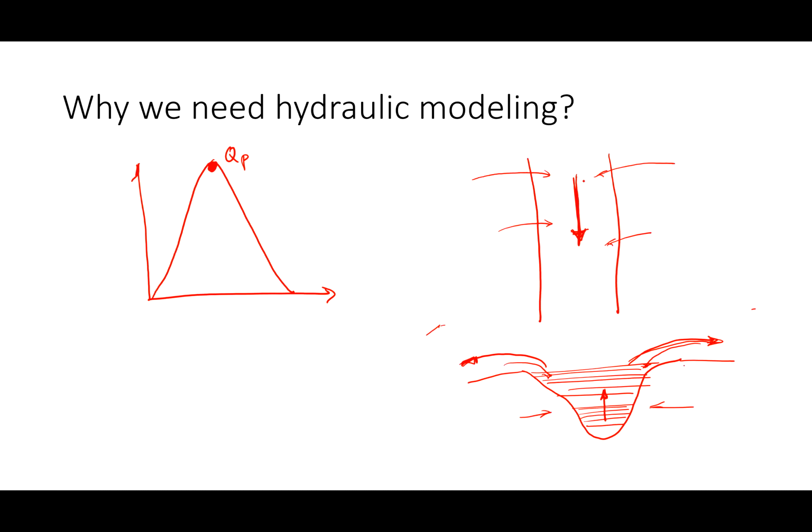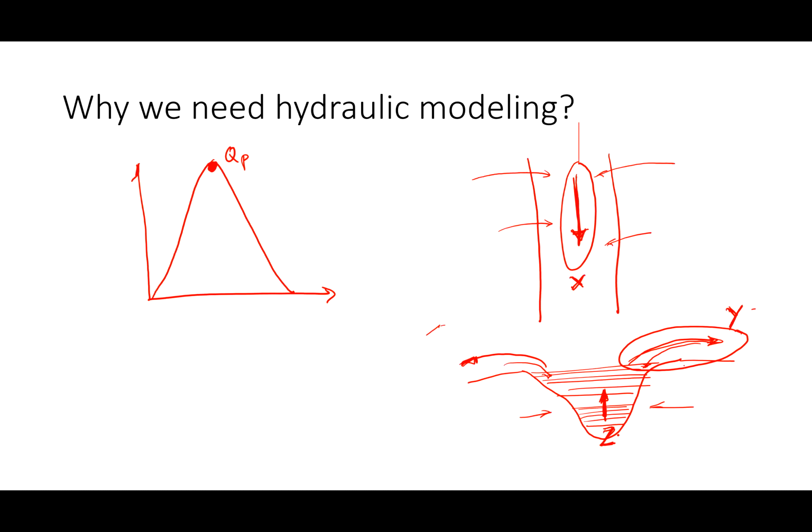So we have water flowing along the channel, and water flowing into the channel and out of the channel. If we think this is our x direction, then this is our y direction, flowing horizontally out of the main channel and into the main channel. And then as the water rises and falls in the main channel, this is our z direction. So water is flowing in x, in y, and in z direction. So it is a three-dimensional flow.